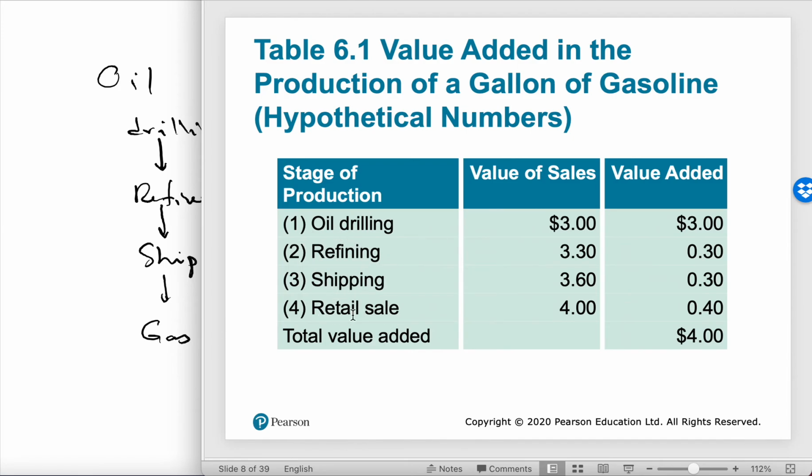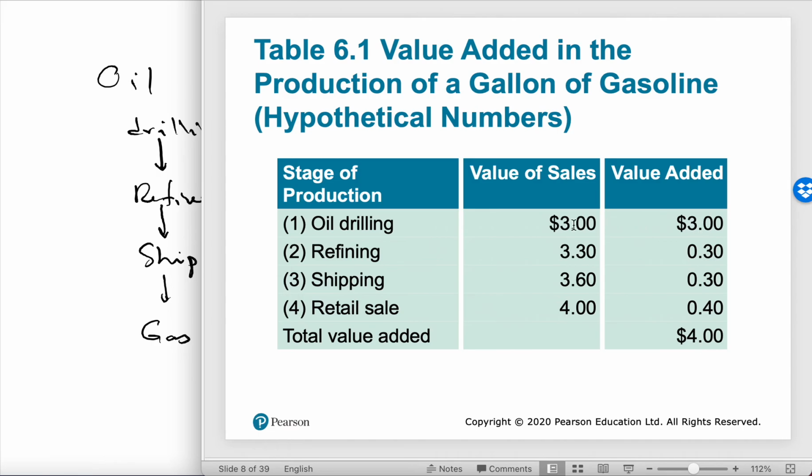So we have 4 firms in the country, working in a vertically integrated process. Let's assume that the oil, for every liter, the value of it is $3. So how much value added in the first stage? Because this is the first stage, the value added is going to be exactly $3, because they haven't used any intermediary. This is basically a gift of nature. The value they create is going to be the value added.